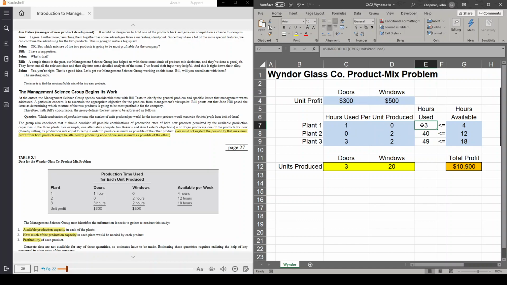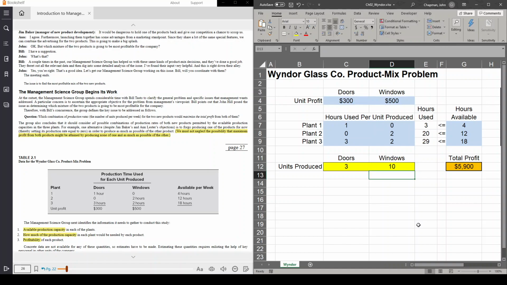Okay, so this formula right here, in fact, these formulas right here, are critical to develop a model to maximize profit. Now you can see that we've already gone over the limits for plant 2 and plant 3, and that's based on the number of windows. So it's probably not going to be 20 windows.